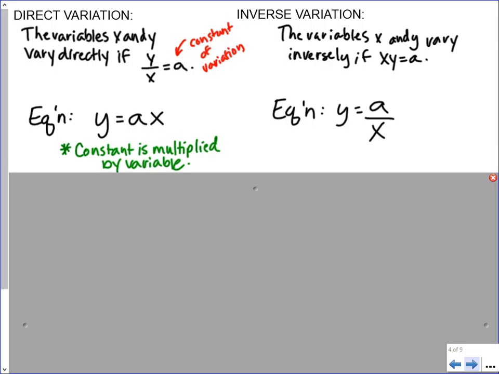Now you have to be really careful with this equation. In order for it to be inverse variation, the constant must be divided by the variable, which means the variable is in the denominator.